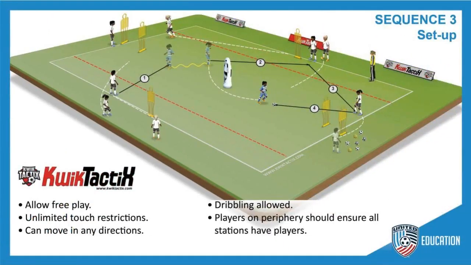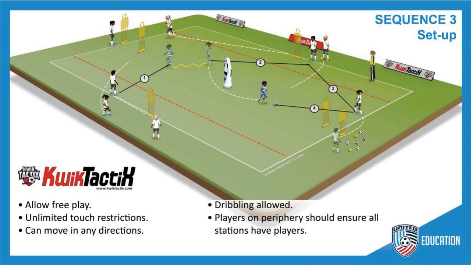As we move into our third sequence, a couple of nuances here that have changed. One is now that the coach has lifted the restrictions on the number of touches. So before it was 1 and 2 touch, now the number of touches are unlimited, and now we're no longer just going around in a clockwise or anti-clockwise direction.